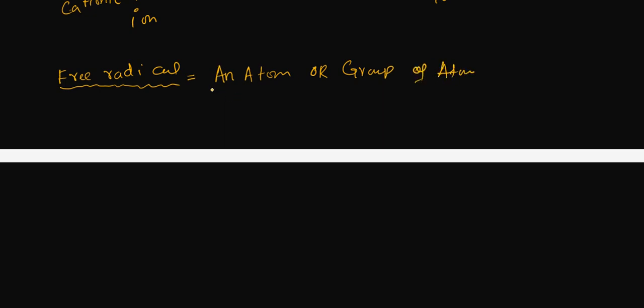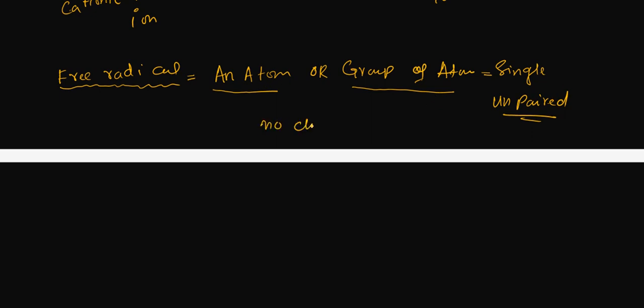What property does it have when it becomes a free radical? When it has a single unpaired electron, then it is called a free radical, and it has no charge.